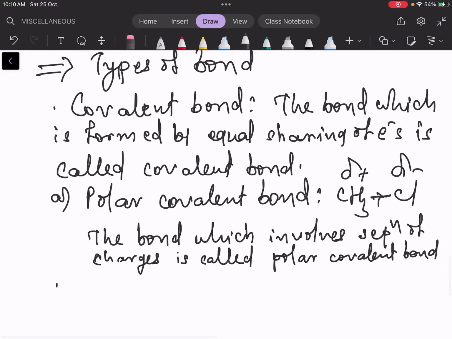And the bond which does not involve separation of charges, what is that called? Non-polar covalent bond.